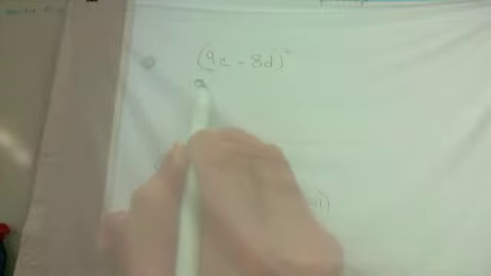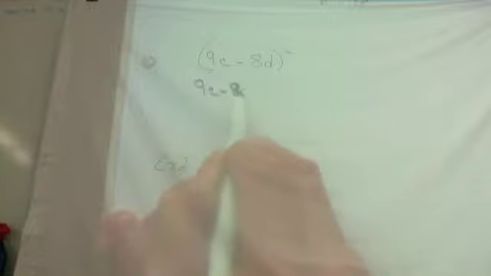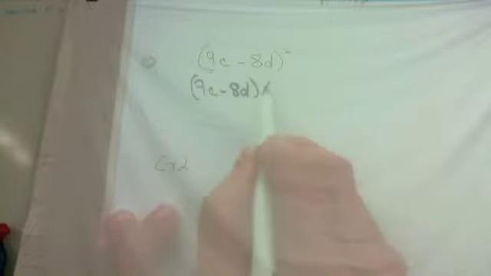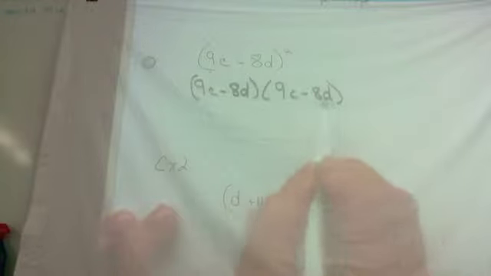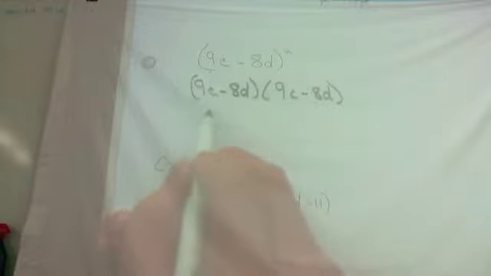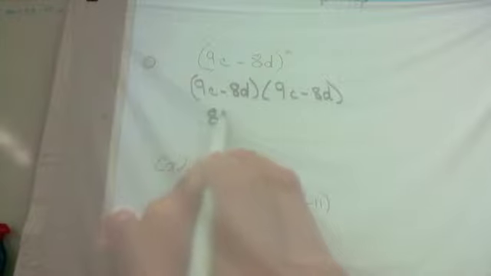All right. So again, I would write this out as 9c minus 8d times the quantity of 9c minus 8d. When I multiply my first term times its first term, I'm going to get 81c squared.